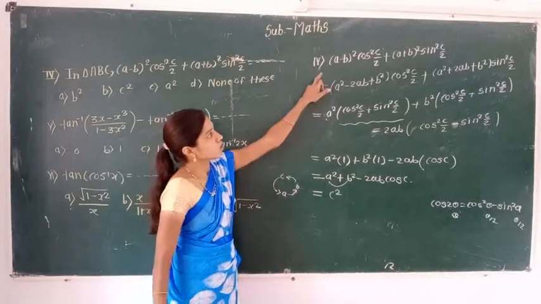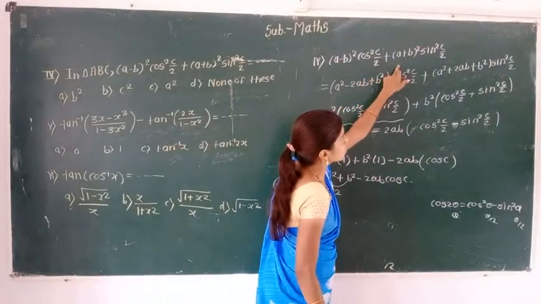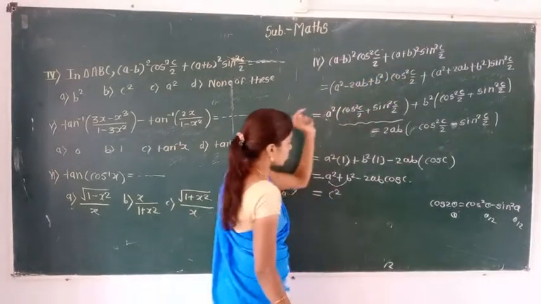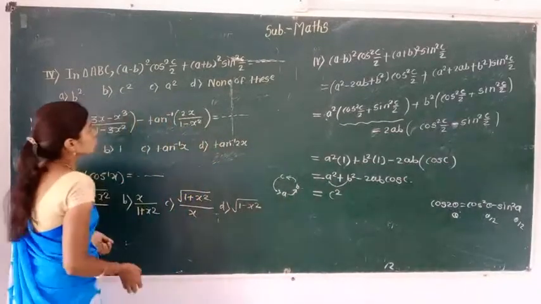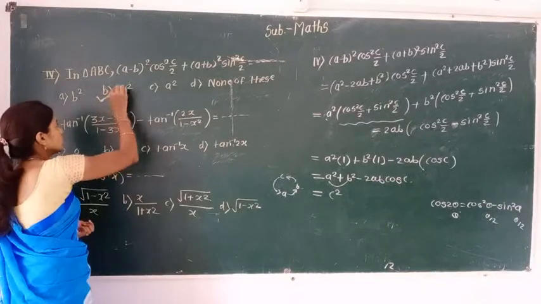So the value of (a minus b) whole square cos square C by 2 plus (a plus b) whole square sin square C by 2 is c square. So the correct answer of this MCQ is c square.